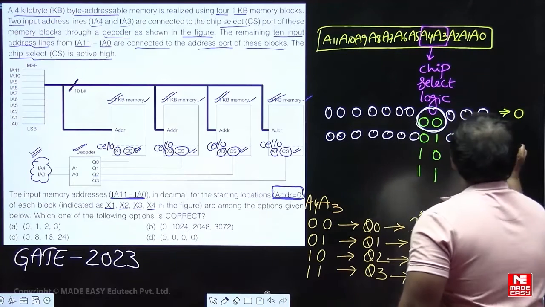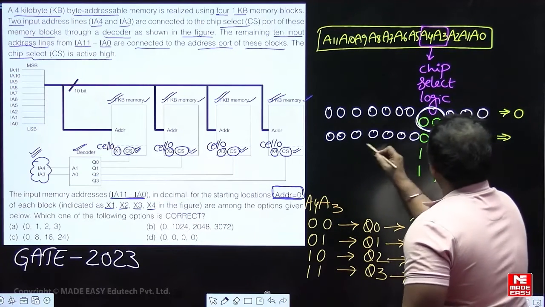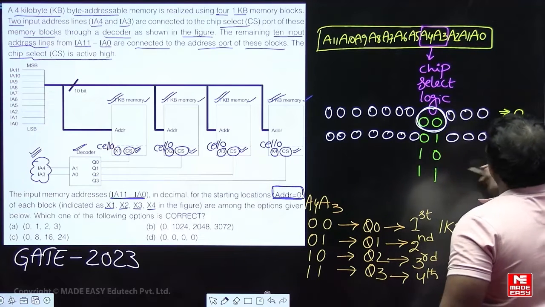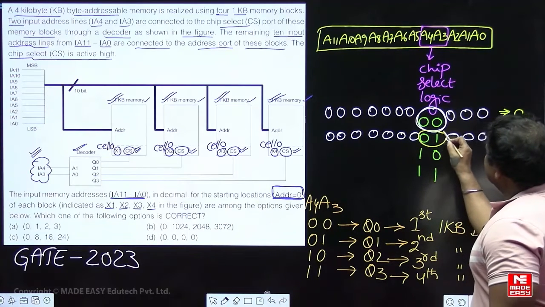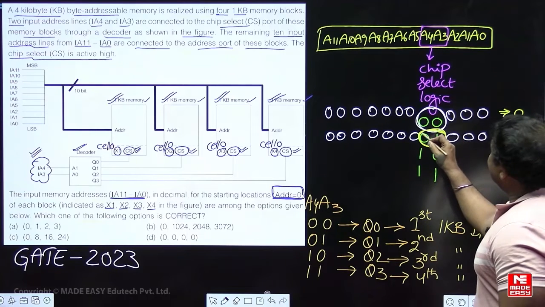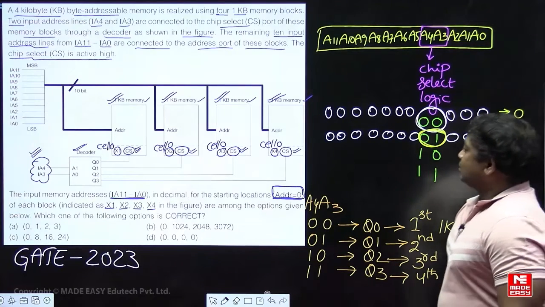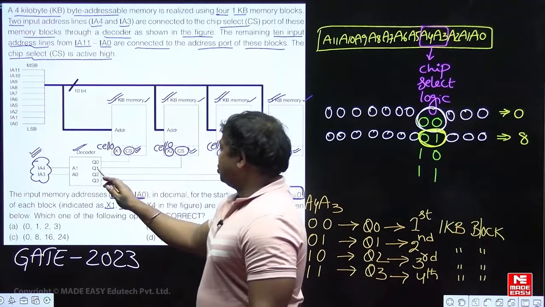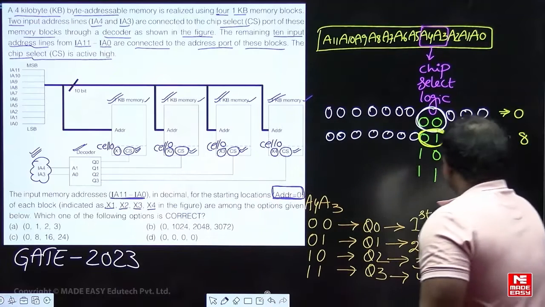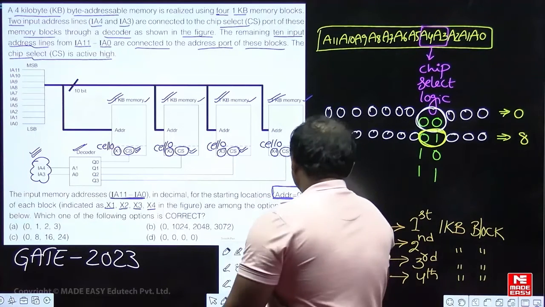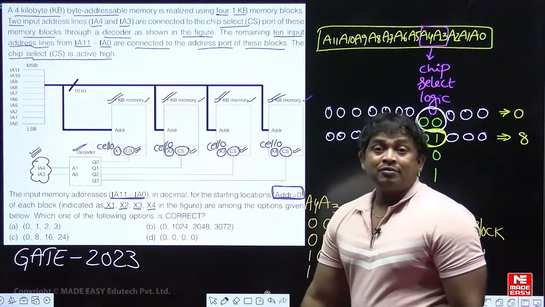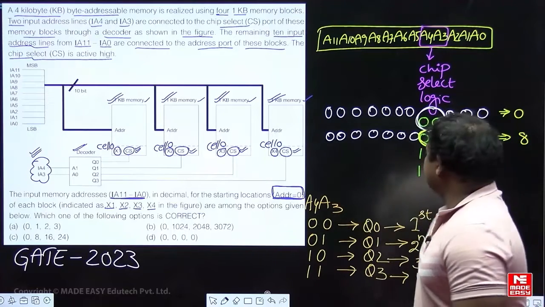So decimal value of this is 8. This is the 8 decimal value because when A3 and A4 status is 0, 1, decoder output is Q1. Q1 means second 1 KB block is activated. Alright, that is the starting address from the second memory block.